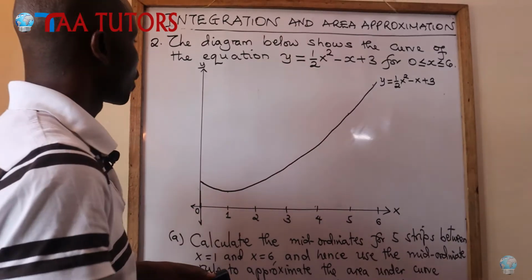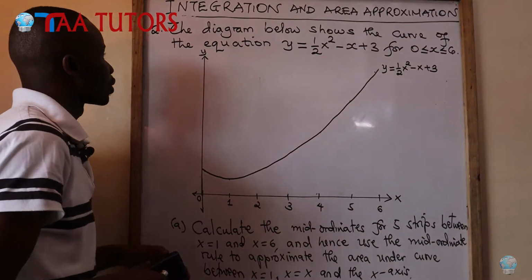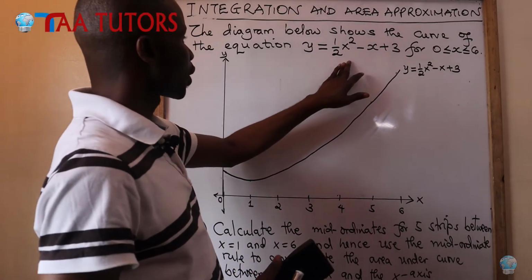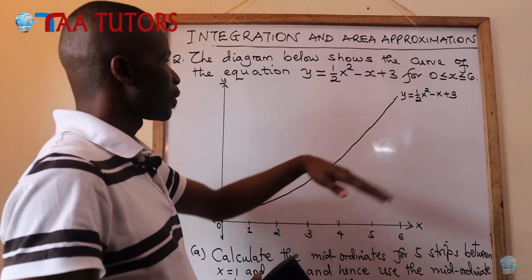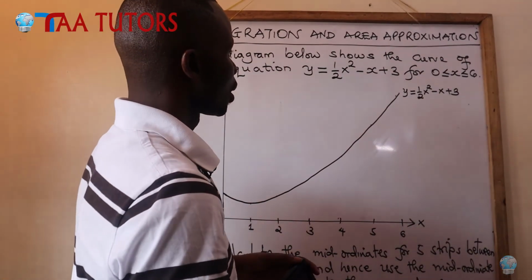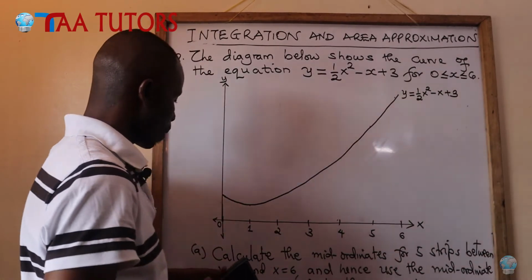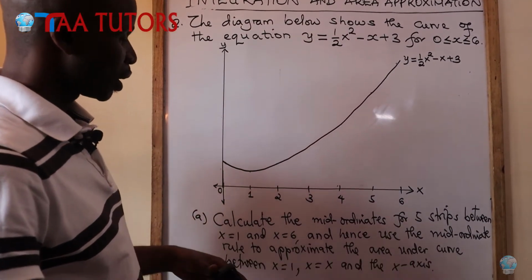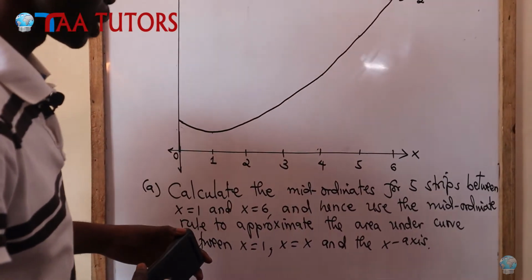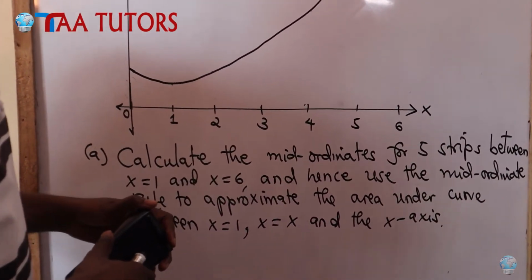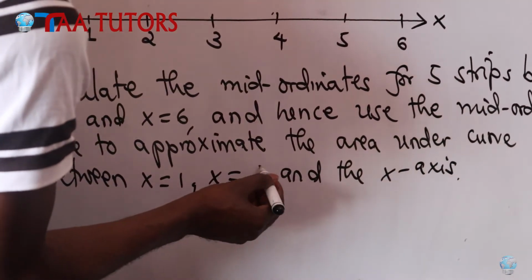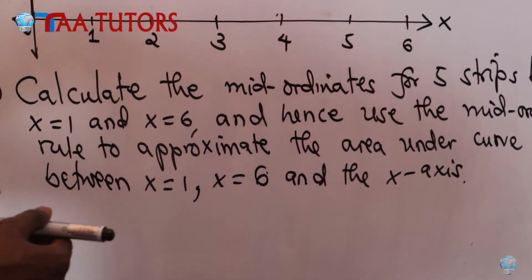Now, viewers, this number 2: the diagram below shows the curve of the equation y equals half x squared minus x plus 3 for 0 is less or equal to x, which is less or equal to 6. So we are told to calculate the mid-ordinates for 5 strips between x equals 1 and x equals 6, and hence use the mid-ordinate rule to approximate the area under the curve between x equals 1, x equals 6, and the x axis.